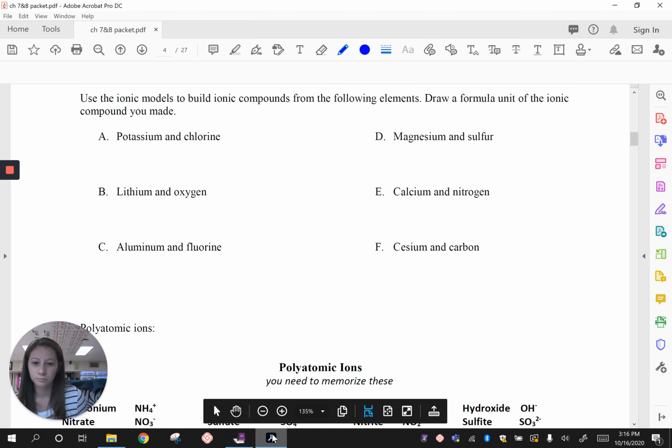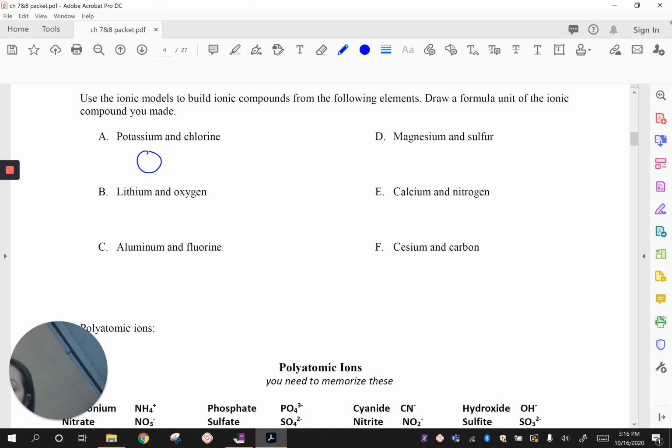So let's go back here. To draw the particle diagram, basically you do a circle, put the symbol and the charge like this. That's called a particle diagram. The formula would be KCl for this one.